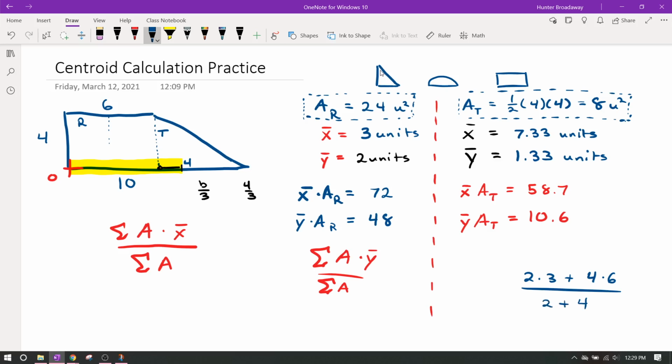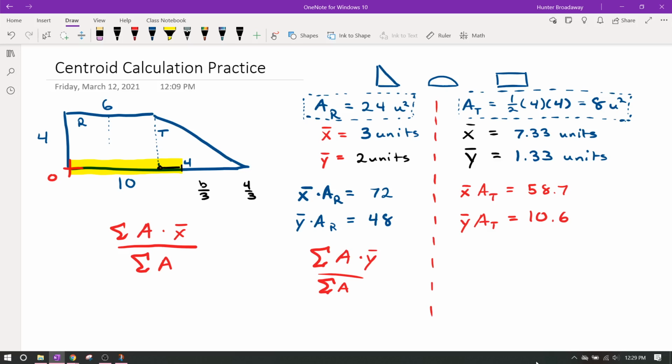You can't take this 2 and this 4, factor them out, and then cancel them. That would be very, very bad. Please don't do that. Math says no in that case. So even though it looks like from the formula that these things can be canceled out, they really cannot be canceled out because you're dealing with a sum. You're dealing with a large amount of addition of the products on there.